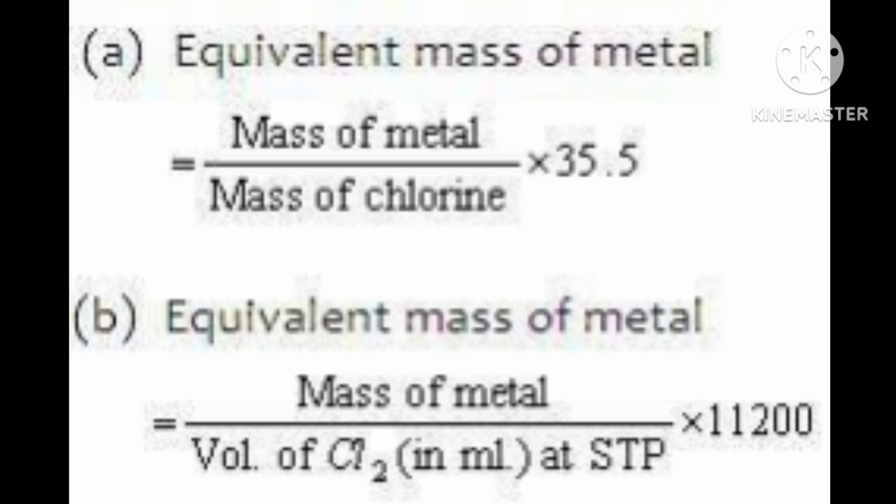Correct? Only 1. And suppose copper sulfate is there, Cu2+, SO4 2-. Then you calculate the molecular weight of the salt and divide it by 2, because copper has 2 positive charges. Similarly, calcium carbonate.